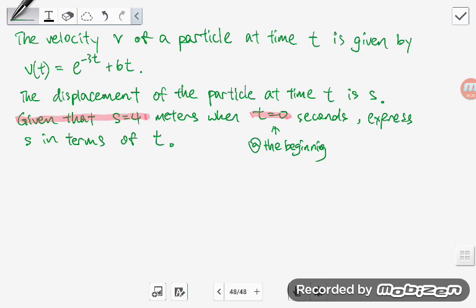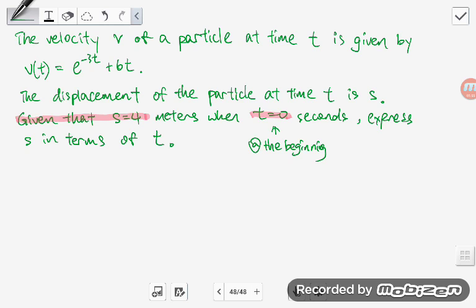So what is the relationship between my displacement and velocity? I hope your answer is: if I differentiate my displacement with respect to time, then I will get my velocity. Another way of saying that would be, if I integrate my velocity, I will get my displacement.